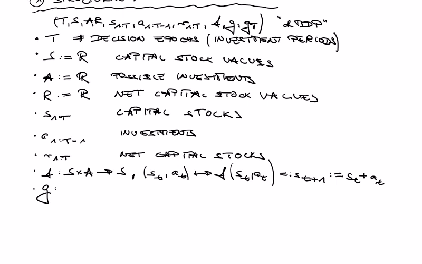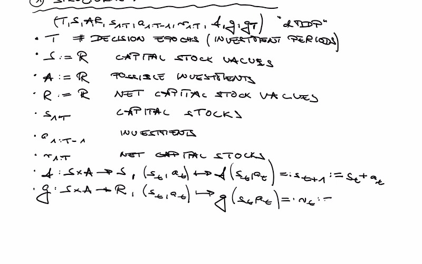G was the state and action dependent reward function that allocated to each state and action a reward, and this reward rt was defined as st minus at squared.